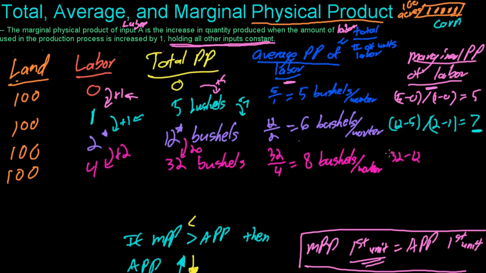And so 32 minus 12 divided by, actually, I'll write that differently, divided by 4 minus 2, because that is the amount of labor that we had here minus the amount we were working with in the previous row. And so 32 minus 12 is 20, and 4 minus 2 is 2, so 20 divided by 2 is 10. So the marginal product of the 4th unit of labor, the 4th worker, was 10 bushels.